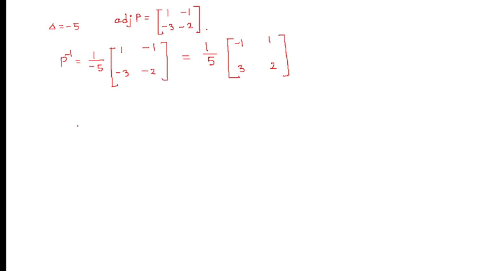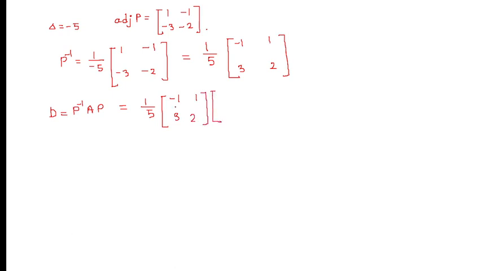Now what do I have to get? I have to get the diagonal matrix, that is P inverse into A into P. So if I write 1/5, -1, 1, 3 and 2, now what was my A?